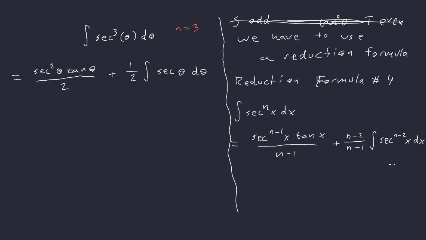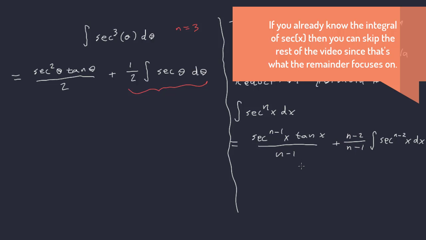Notice these reduction formulas aren't as nice as you might think, because now we have to deal with this integral here. All right, and this is another odd power of secant, secant to the 1. We can't use this reduction formula again because n minus 1 would be 0, so we'd be dividing by zero.